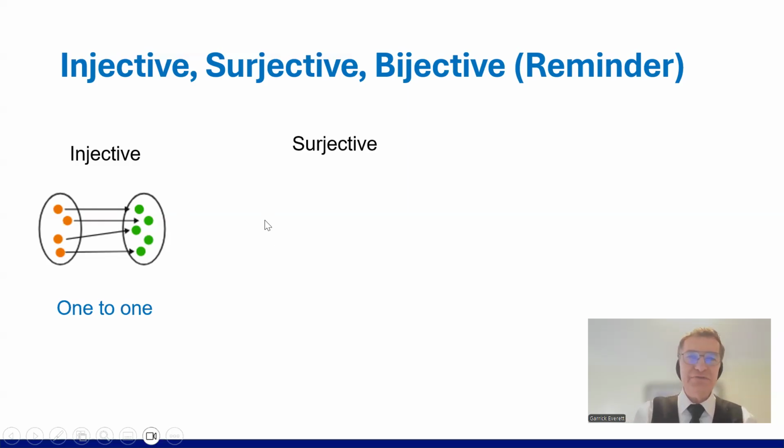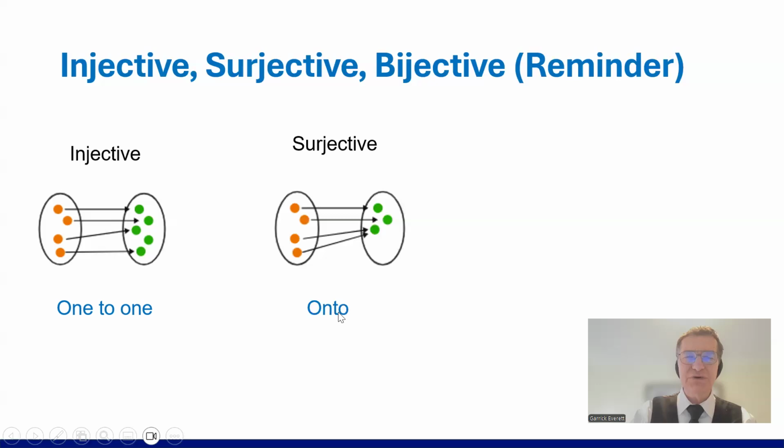Okay, surjective is where you've got all of these elements in A going to something in B, but two things may go to the same thing. So that's surjective, and that's regarded as onto. So in other words, everything in A is placed, and everything in B has something, even if B has more than one thing.